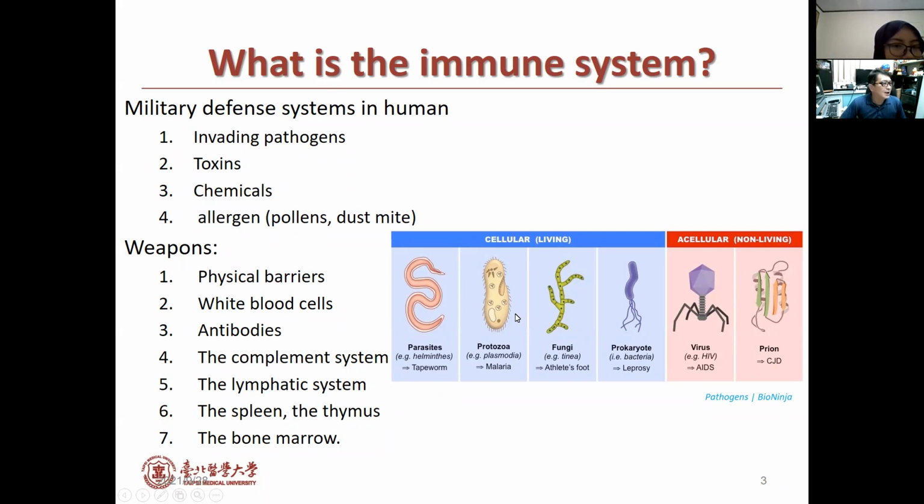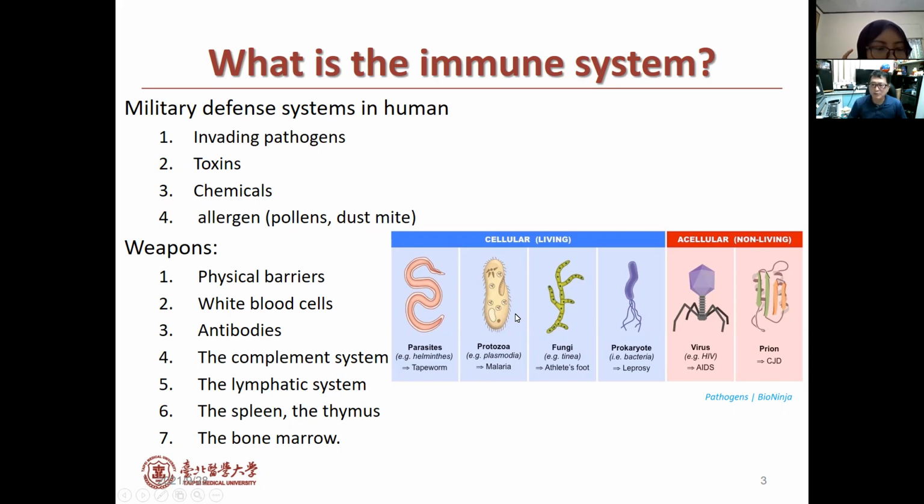And the weapons in our immune system include physical barriers. What's that? Like our skin. That's the first line, for example. And second is white blood cells, and you are going to learn how many types of white blood cells are in our blood. Third is antibodies, which are released from plasma cells, which are mature B cells. Number four, we are going to learn another thing, complement. What is complement?